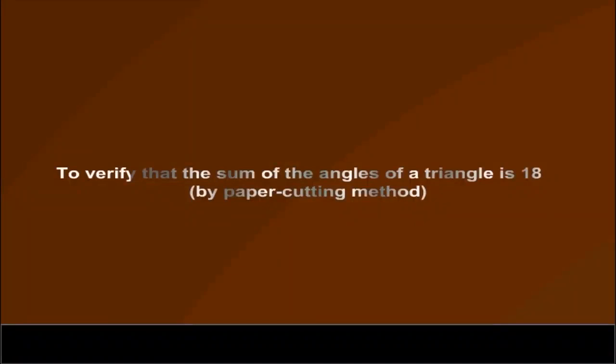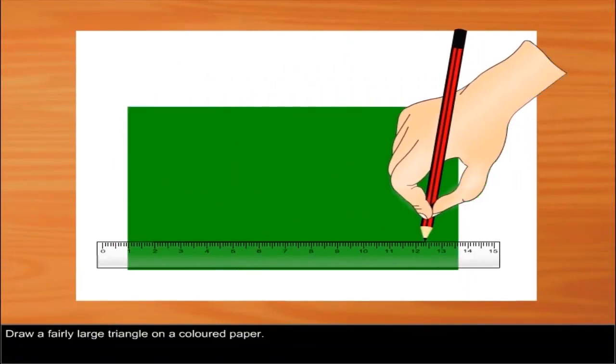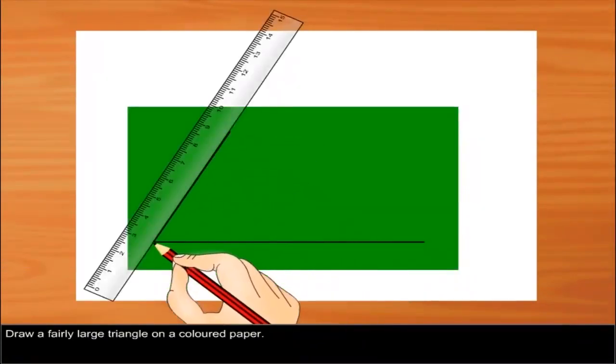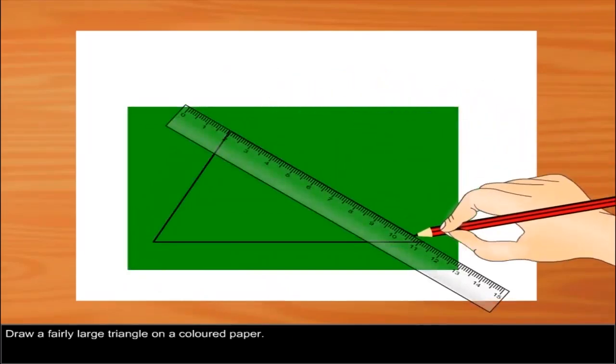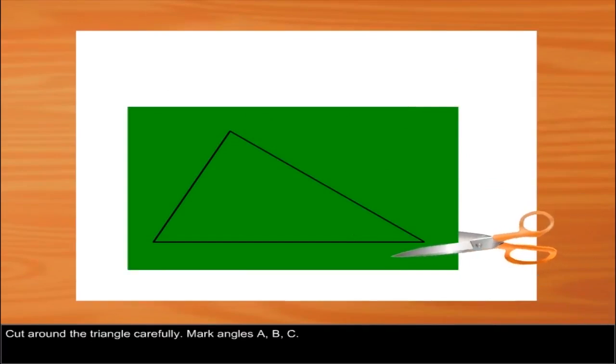Look at the animation. To verify that the sum of the angles of a triangle is 180 degrees by paper cutting method. Draw a fairly large triangle on a colored paper. Cut around the triangle carefully.